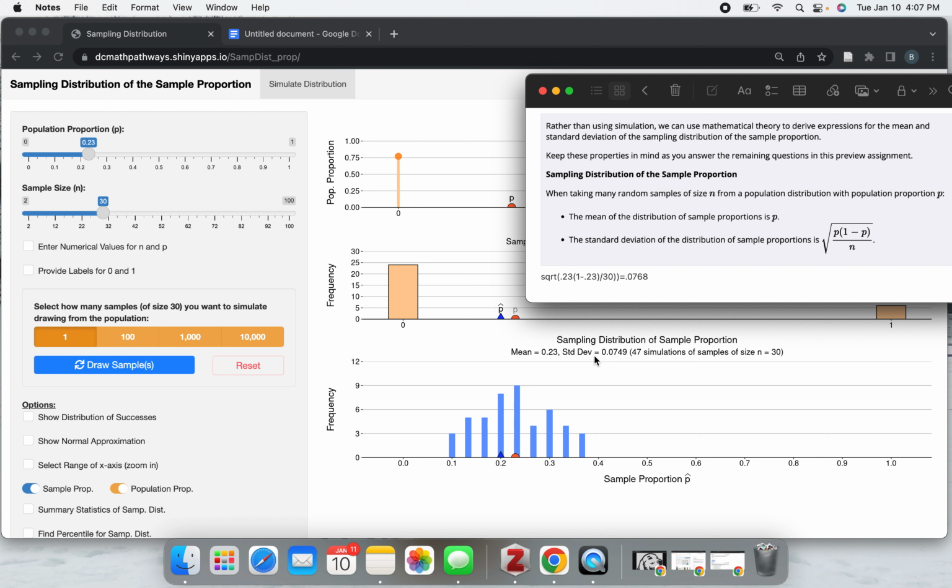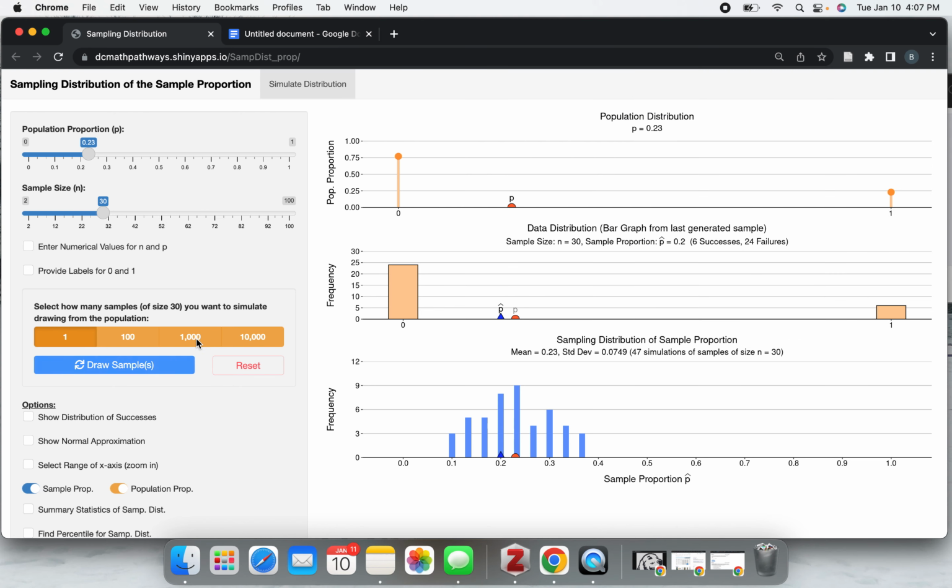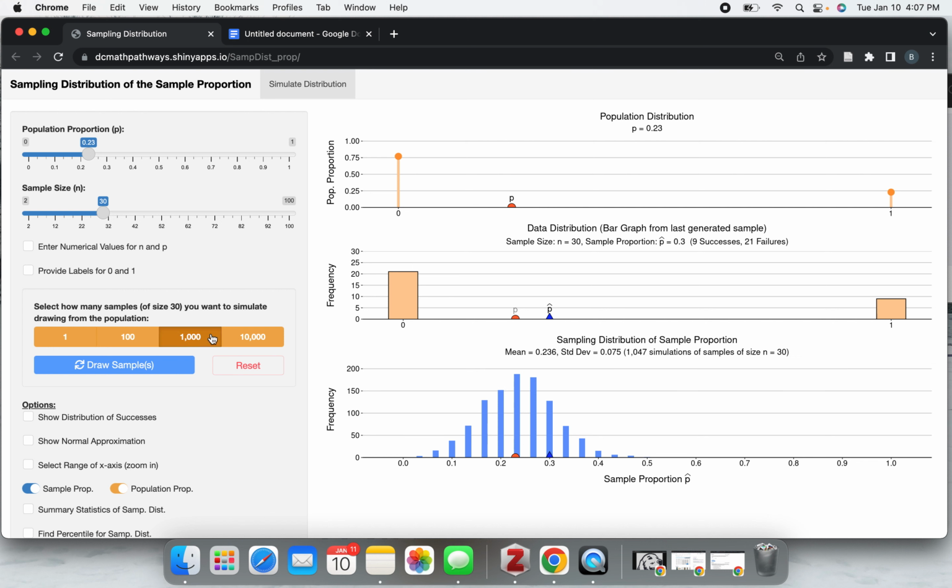So you can see the simulation is not going to be 100% the same as our theoretical version unless you take a whole bunch more samples. So let's say we take 1,000 and draw the samples, and we'll end up with 0.075.